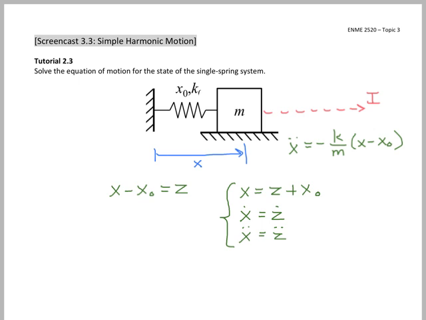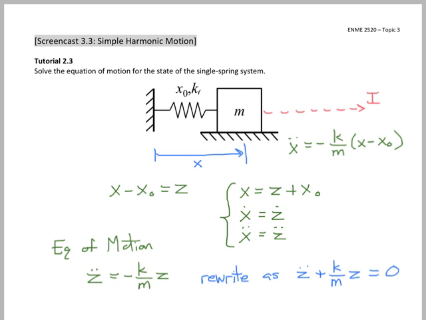And so the substitutions that we'll make are that x is equal to z plus x naught, just by rearranging this equation. When we take the first time derivative, we get z dot plus 0, because this is a constant, and the time derivative of a constant is 0. And then x double dot, when we make that substitution, will be equal to z double dot.